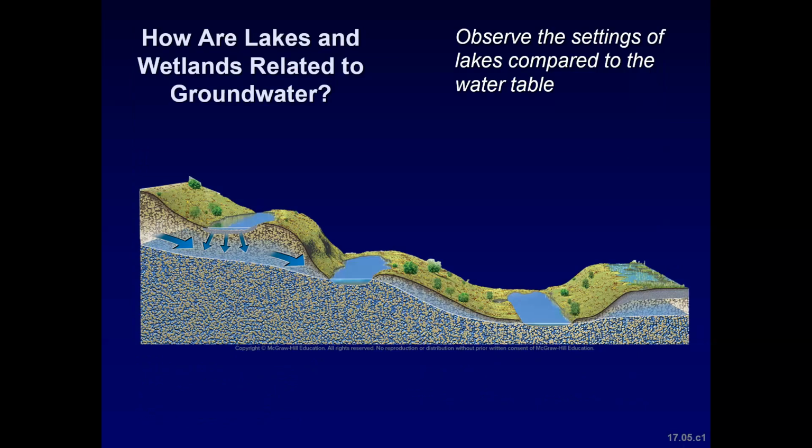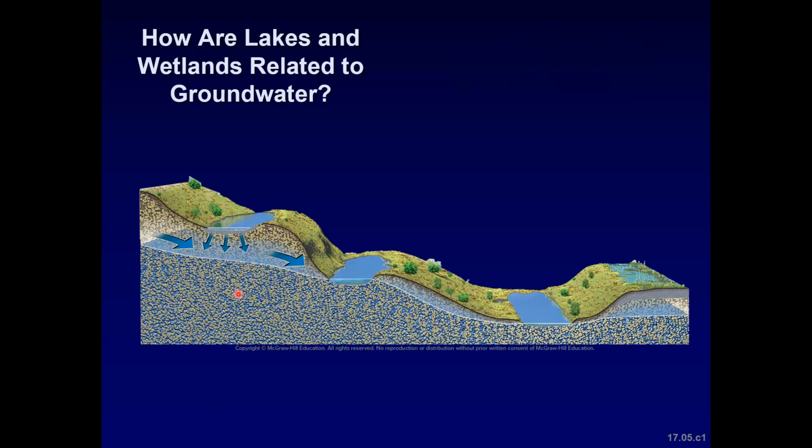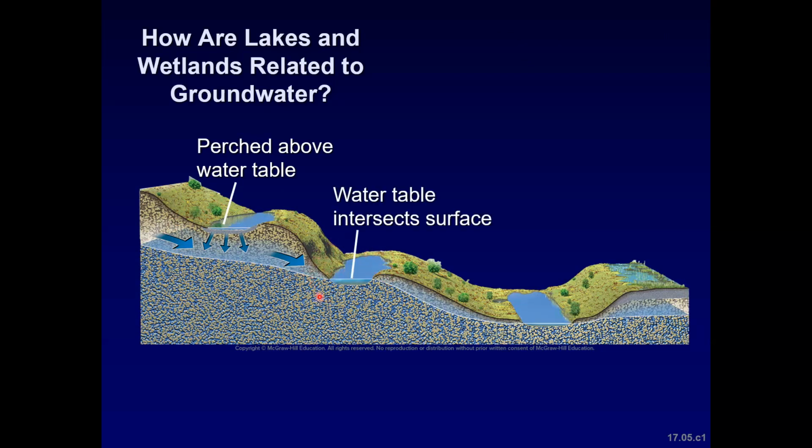All right. So how are lakes and wetlands related to groundwater? We'll look at the settings of lakes and compare that to a water table. We've got a lake that's perched above the water table. It's actually giving water to the subsurface, which flows down and intersects and supplies this body of water and further flows down slope into this body of water.